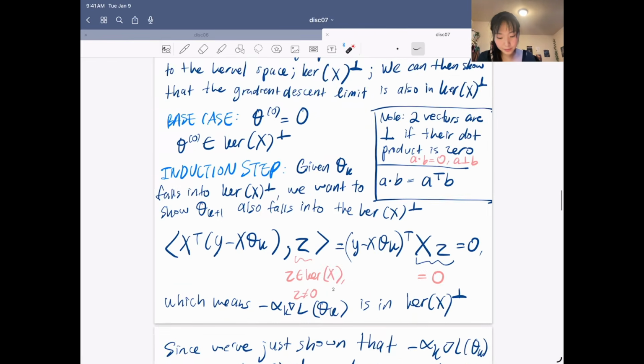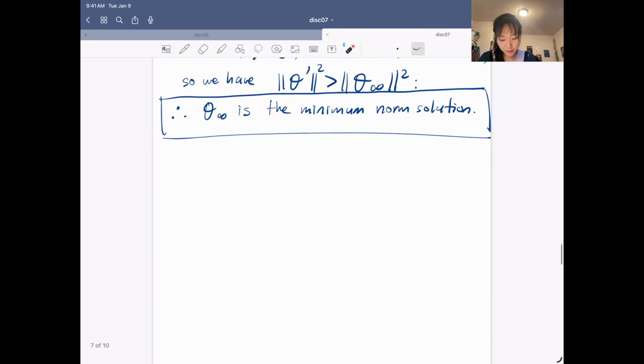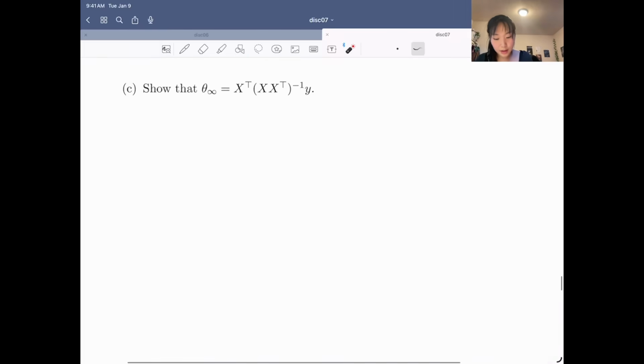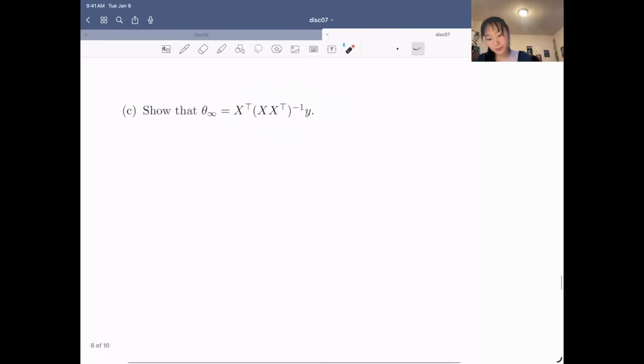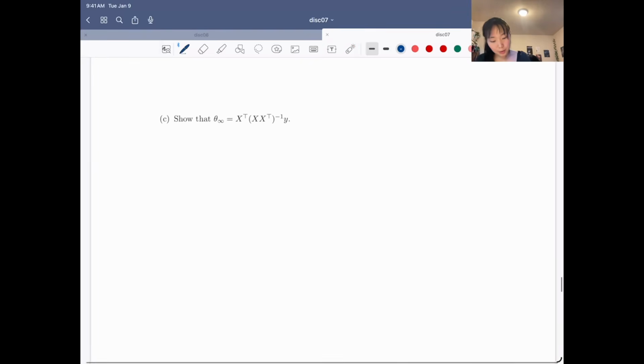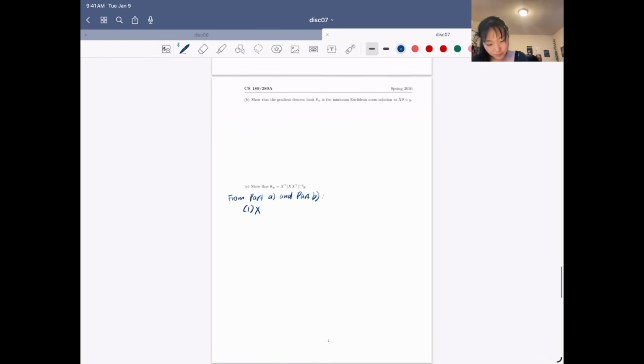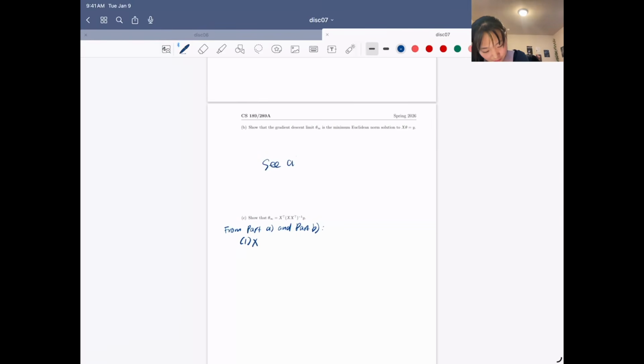Okay, and now let's move on to part C, which is basically to show that this theta infinity is equal to this specific equation. And so we know from part A and part B, we have one, that x, and I'm going to write this as C above.